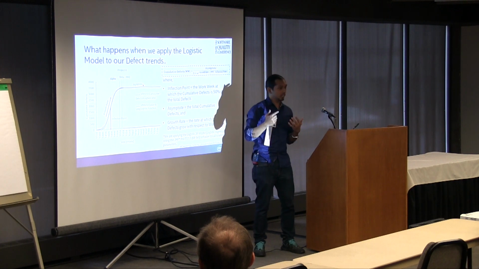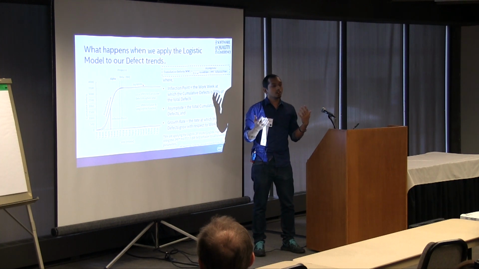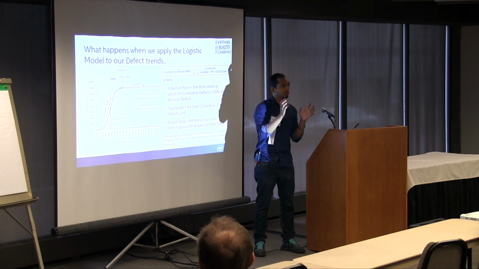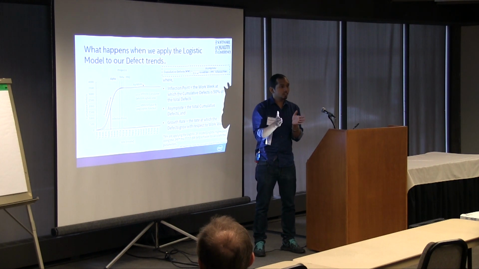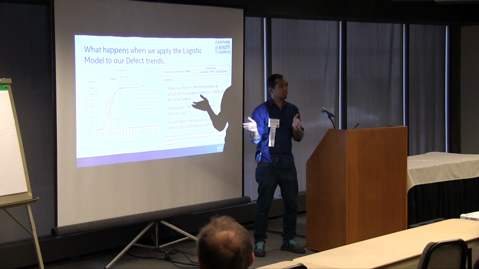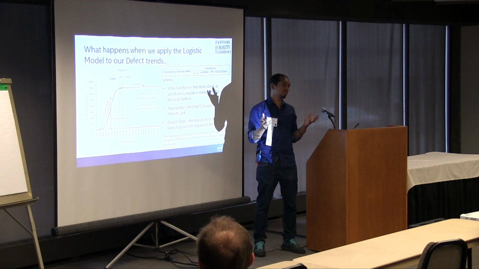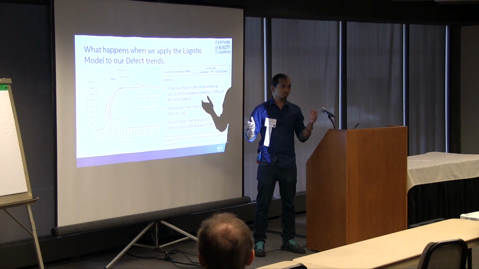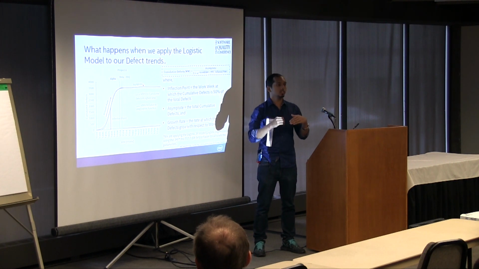And the growth rate talks about how fast or how slow my defects grow with respect to a project. If a project has, say, a 1-year time span and you have a lot of developers and validation engineers working on it, you will see a lot of defects coming out of that project. Similarly, if it's a more stretched out project with fewer resources, then you'll see a lesser growth rate.